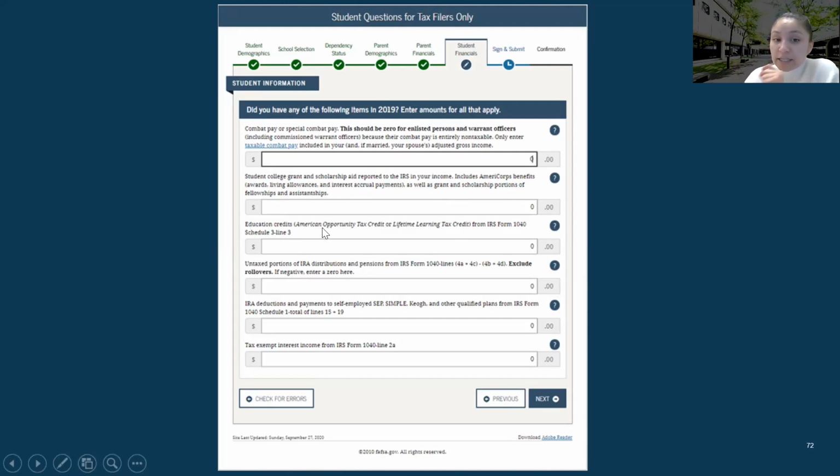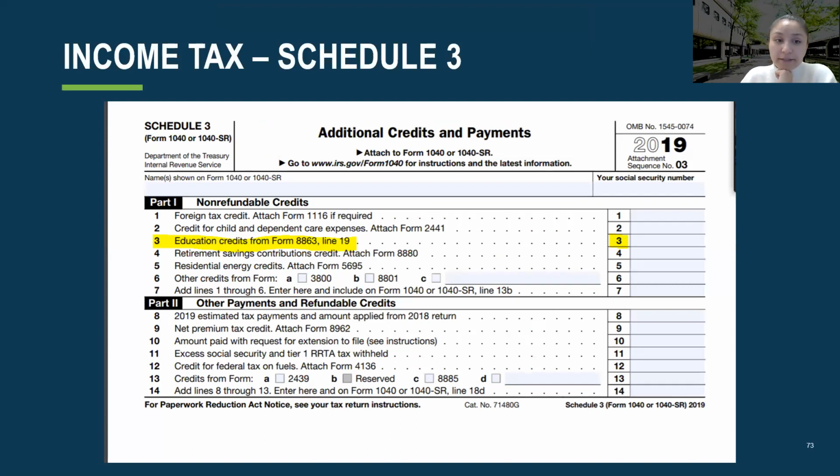Educational credits, such as the American Opportunity Tax Credit or Lifetime Learning Tax Credit from the IRS, you could locate this under Schedule 3, okay? Under line 3. You're probably like, let me see how that looks. If you have a Schedule 3 in your taxes, it will look like the following.